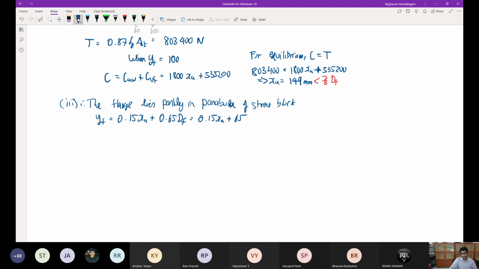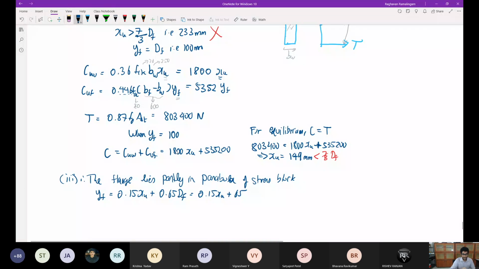The only thing that will change is that CUW is no problem; it will still be 1800 XU. But CUF is also not a constant now. It will not be simply 5352 times 100.